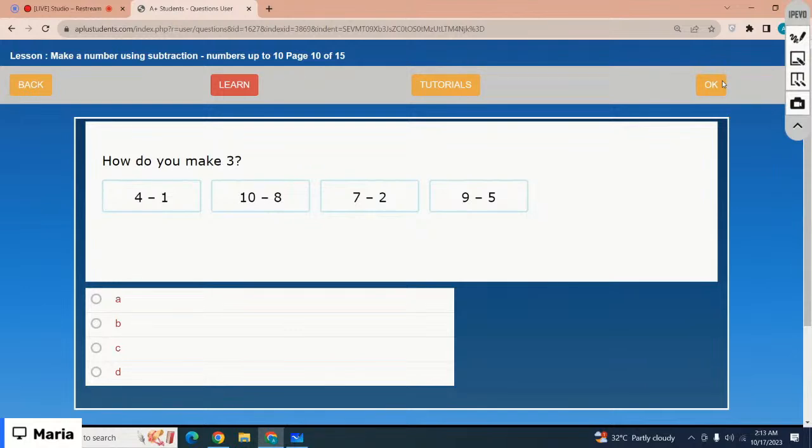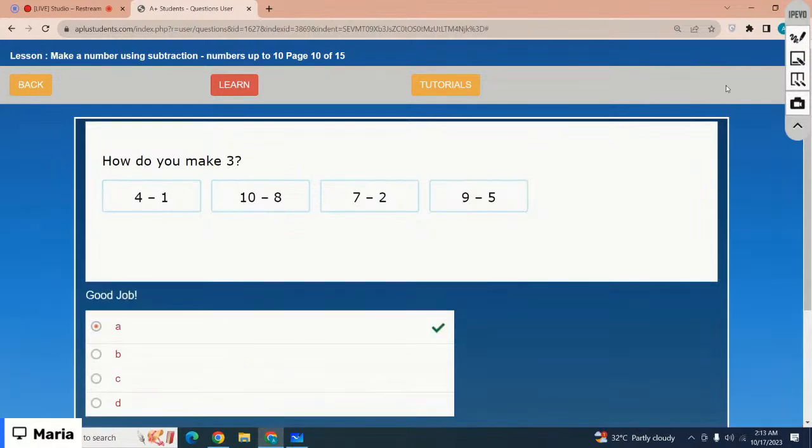Very good. Option number 1 is the correct option. 4 take away 1 equals 3. Option A is the correct option, right?